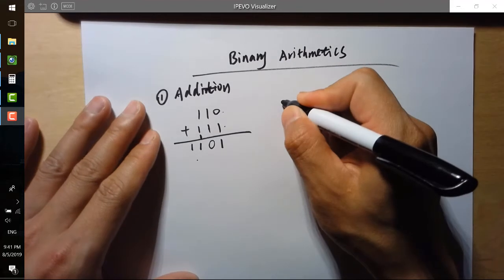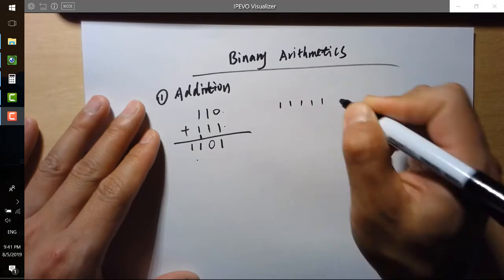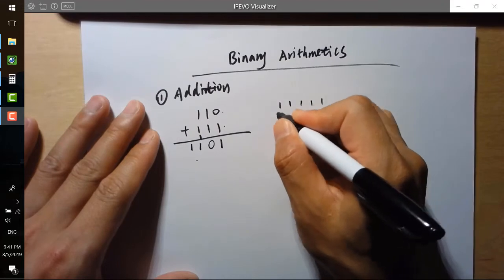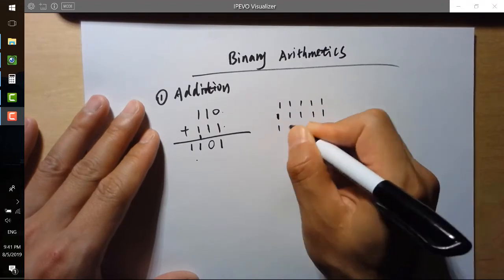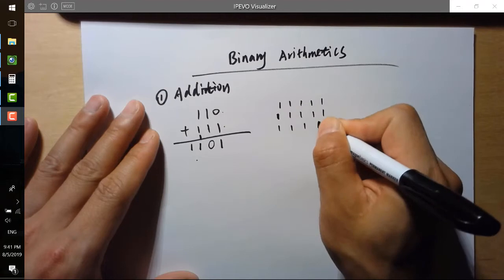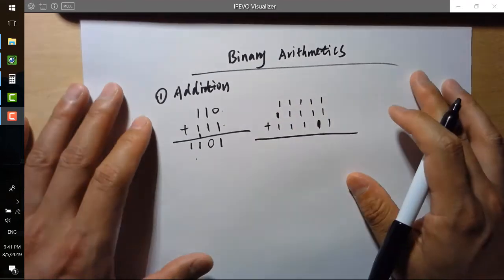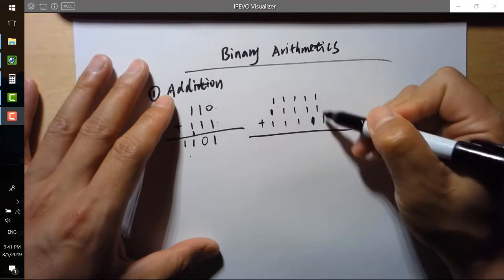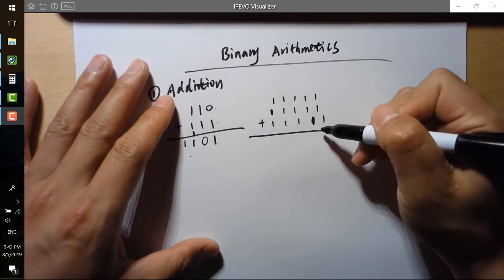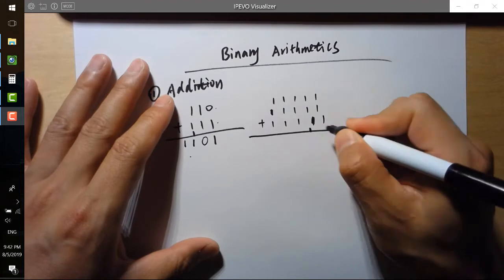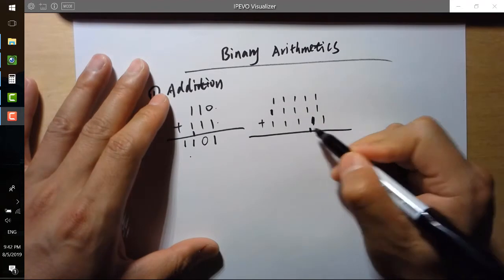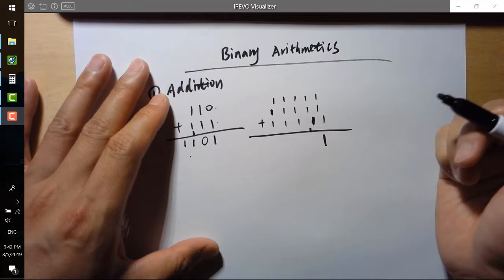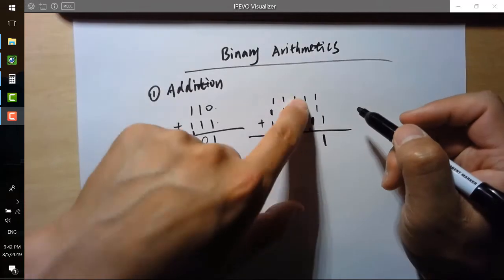For example, if I have this, a lot of ones, right? And now let's take a look at this. So 1 plus 1 plus 1 for this column is 3, so it's going to be 1, 1, right? You got a carry here and put 1 here. So 1, 1 is 3, right? And now you have 4.